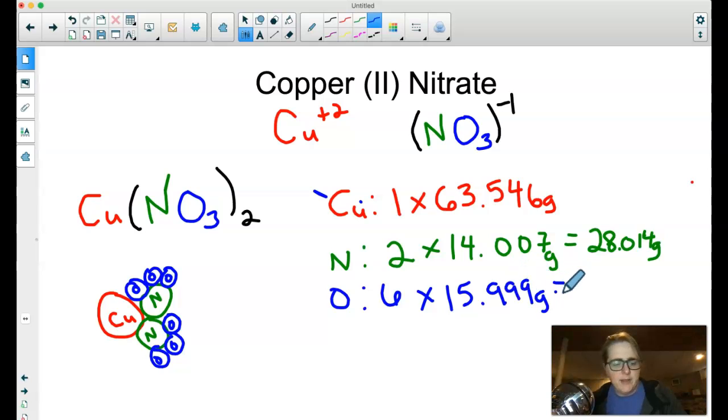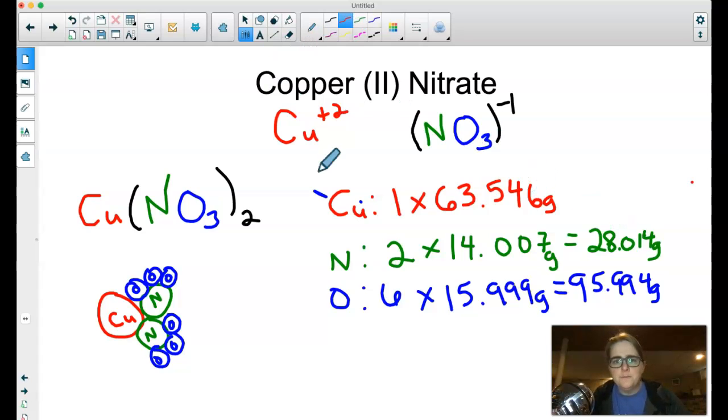And when I punch that into my calculator, that is 95.994 grams. So this is how much mass I have of oxygen in 1 mole of copper 2 nitrate. This is how many grams of nitrogen and how many grams of copper.